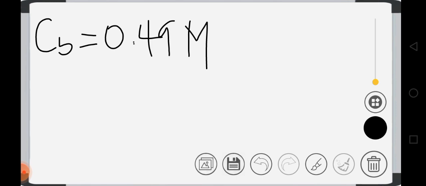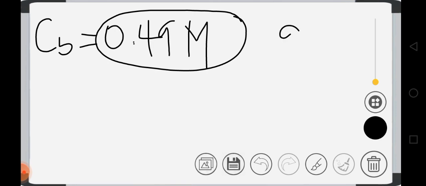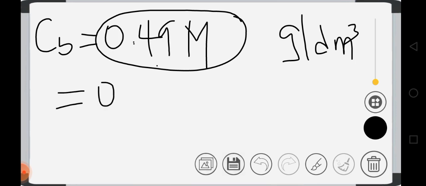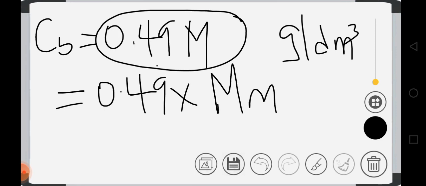0.49 molar solution. If you also want to convert this to grams per dm³, that is mass concentration, how do you do this? You just multiply this by the molar mass of the base.